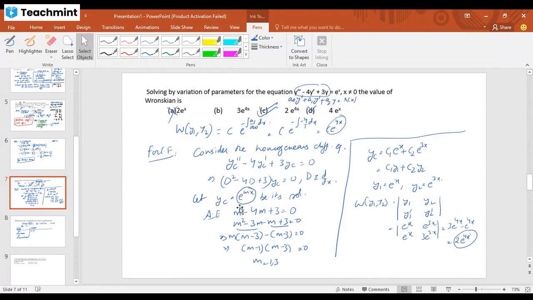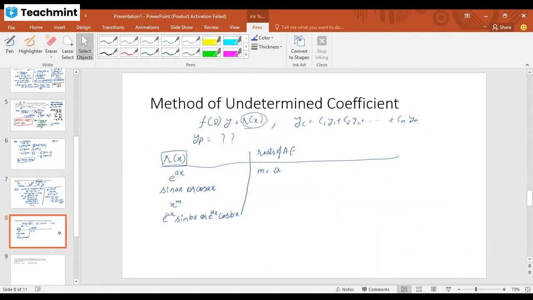If m equal to a, it means e power ax is the solution. So the same kind of function may be available in the complementary part corresponding to root m equal to a. You will get sine or cosine if your roots are purely imaginary.